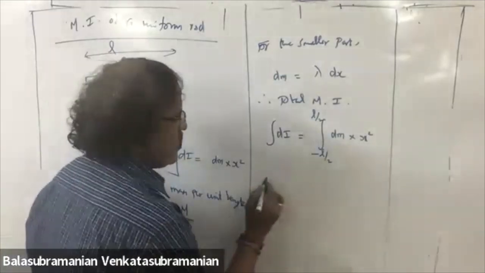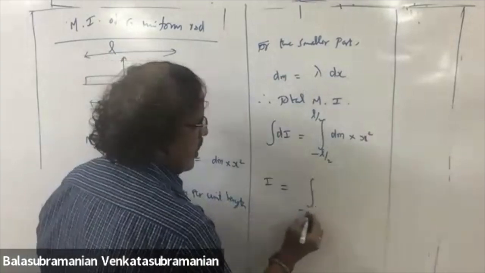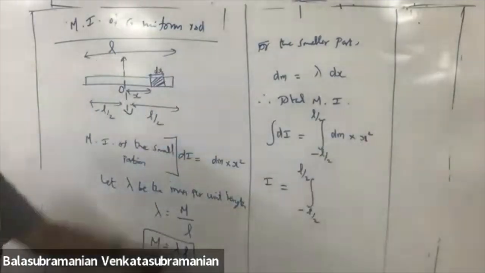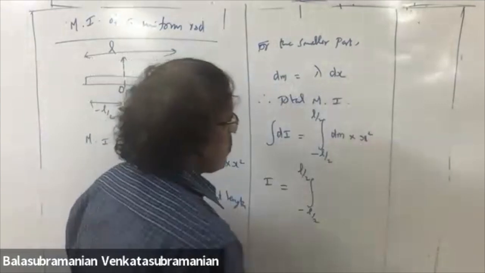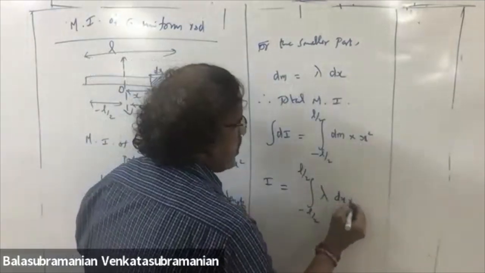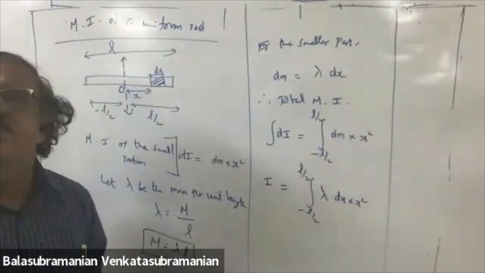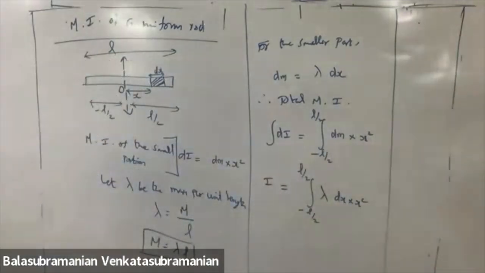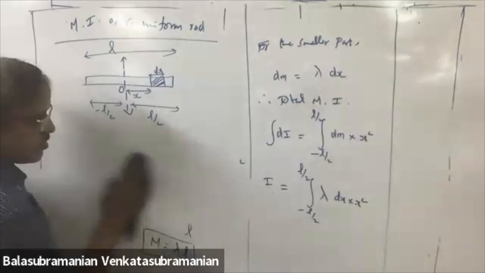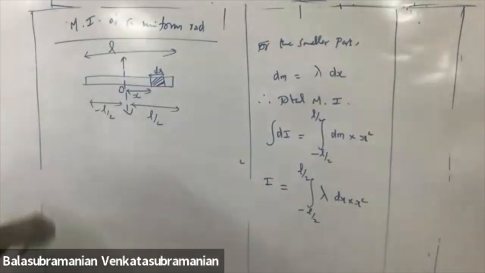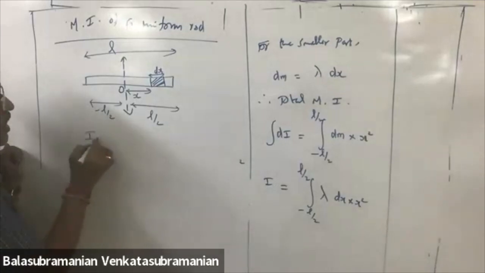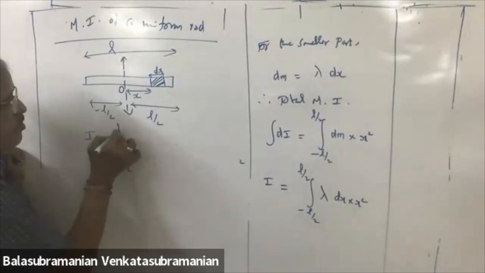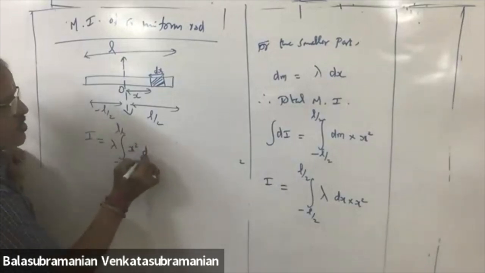So I can write I is equal to integral from minus L by 2 to plus L by 2 of dm x square. What is dm? Lambda into dx. Lambda into dx into x square. Lambda is a constant, take it out. So I is equal to lambda times the integral from minus L by 2 to plus L by 2 of x square dx.